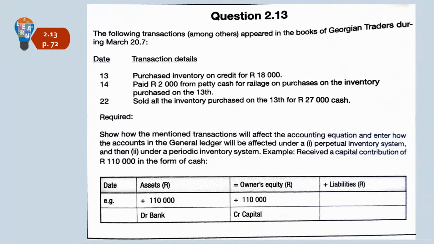Liabilities, that's correct. So our liabilities is also going to increase with 18,000, but what general ledger account will it go to? What general ledger account do you think it will go to?